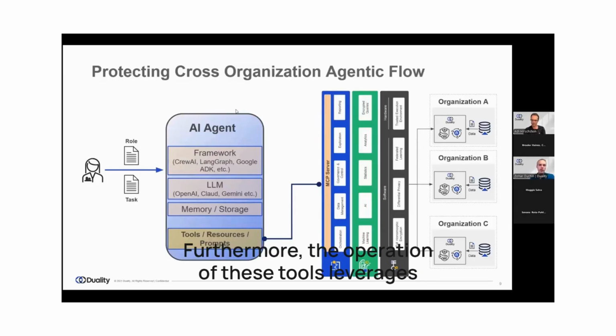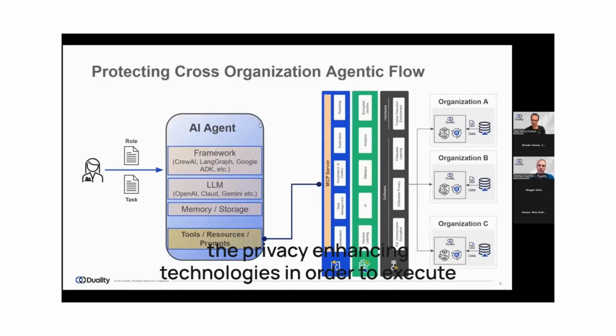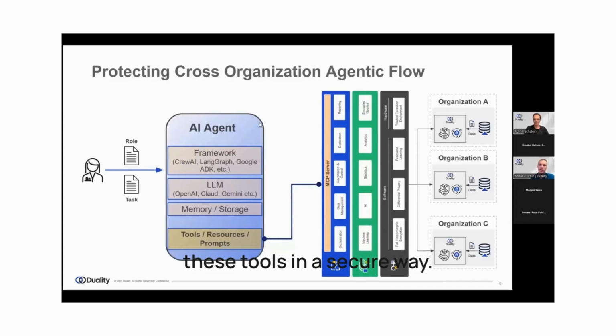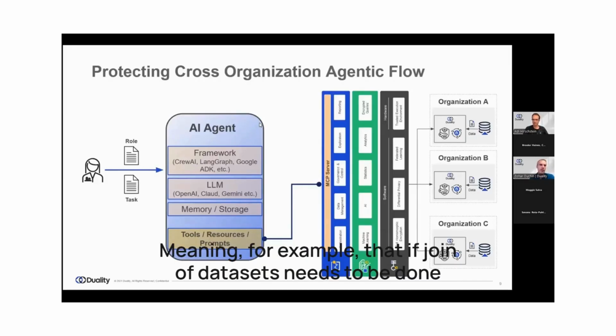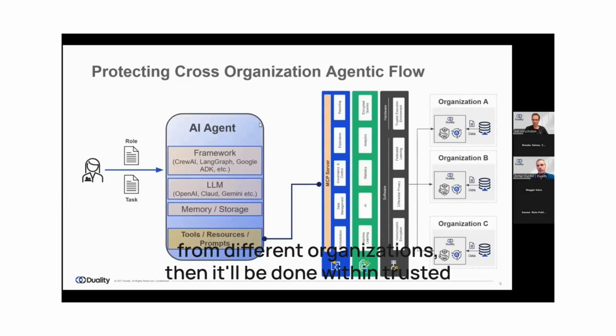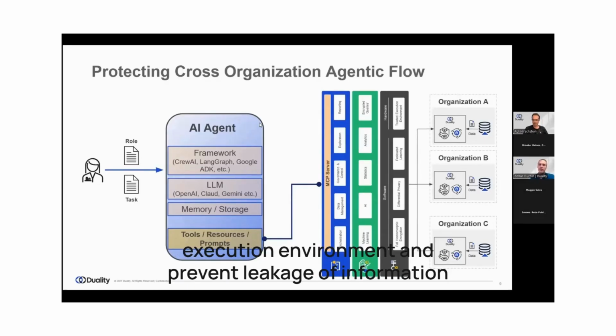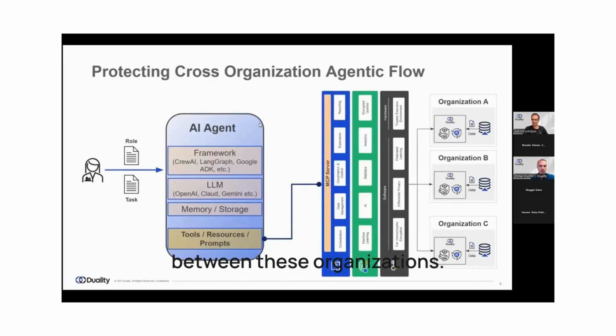Furthermore, the operation of these tools leverages the privacy enhancing technologies in order to execute these tools in a secure way. Meaning, for example, that if a join of datasets needs to be done from different organizations, then it will be done within a trusted execution environment and prevent leakage of information between these organizations.